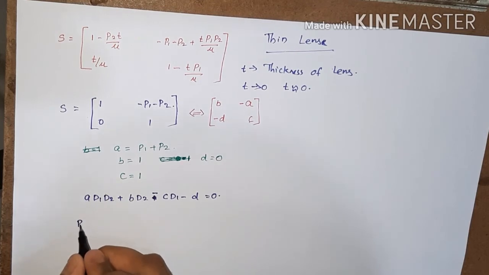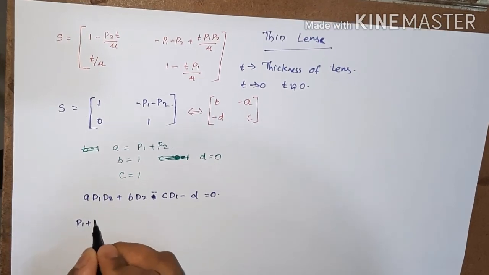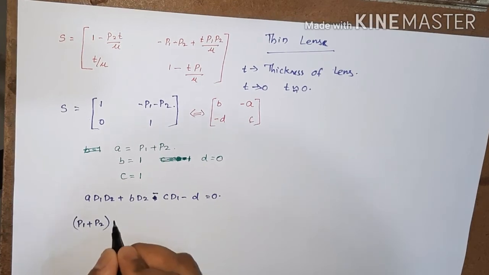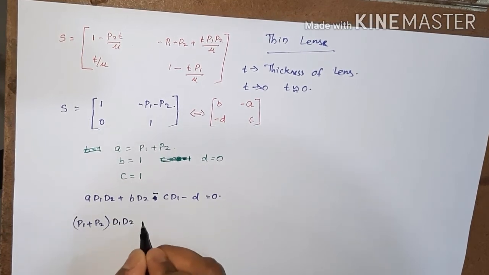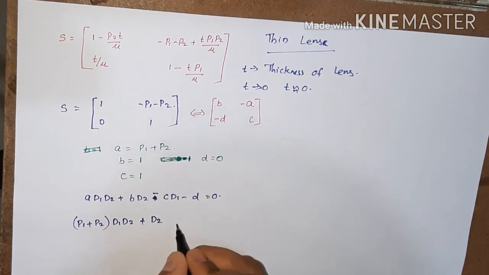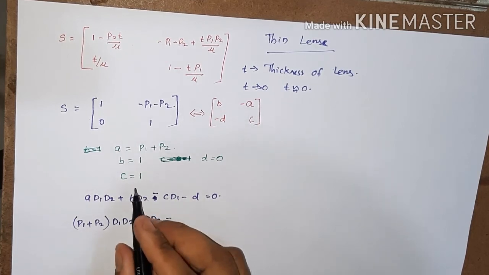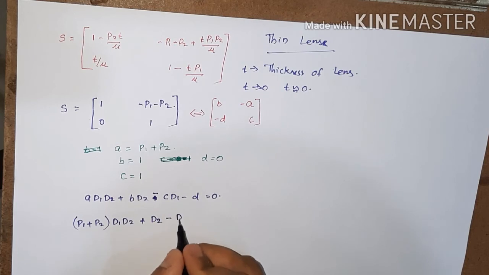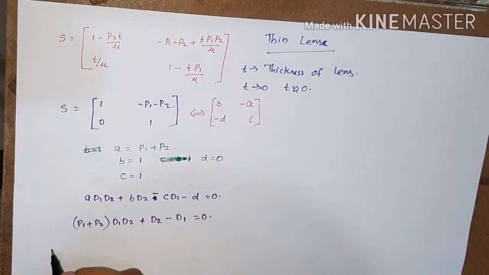I will get p1 plus p2 into d1 d2 plus B having value 1, d2 minus C having value 1, d1 minus 0 is equal to 0. Again, I am dividing this whole equation by d1 and d2.